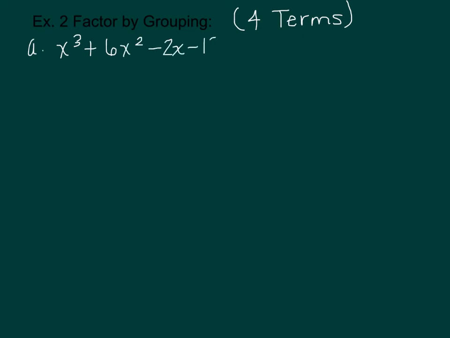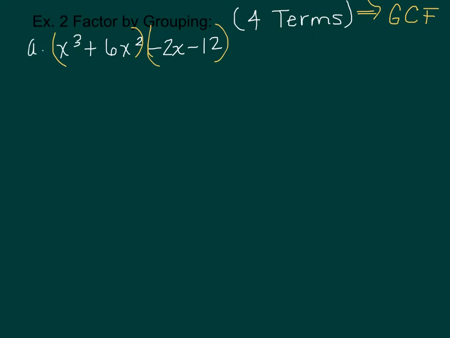And just as its name says, you're going to group, and then you're going to group. And you're going to see what term the first two have in common. So you're doing GCF again, but you're doing it in groups.